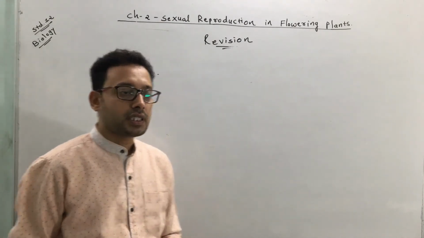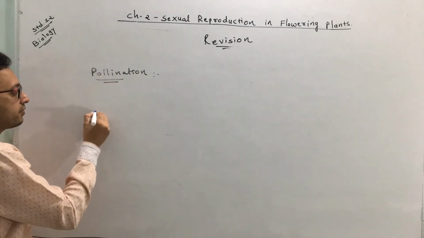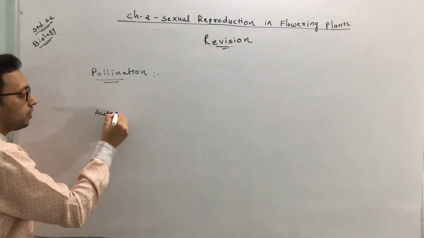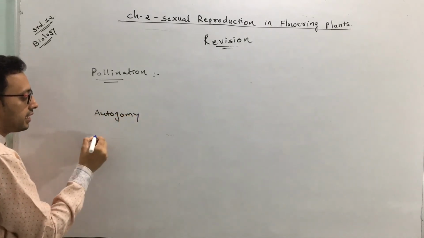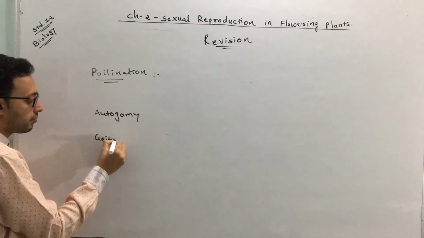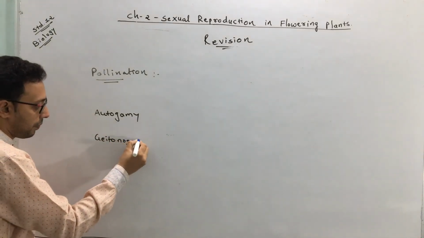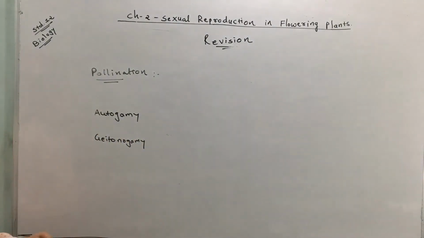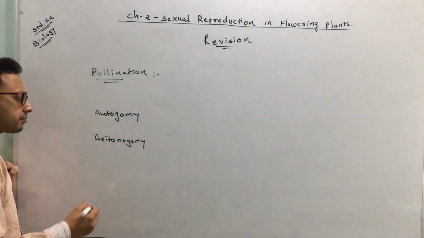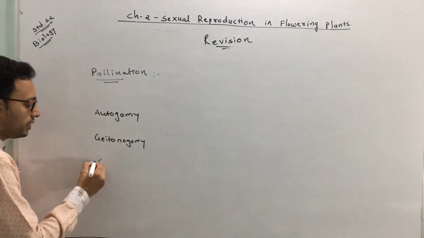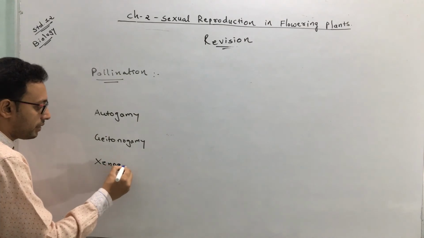This self-pollination can be of two types. First is called autogamy, second is called heterogamy. And the third one is cross-pollination, which can be referred to as xenogamy.